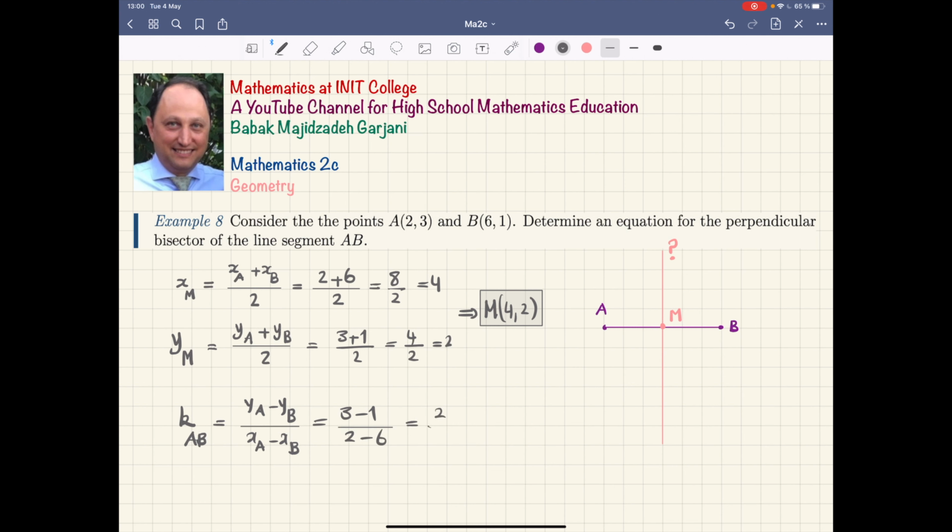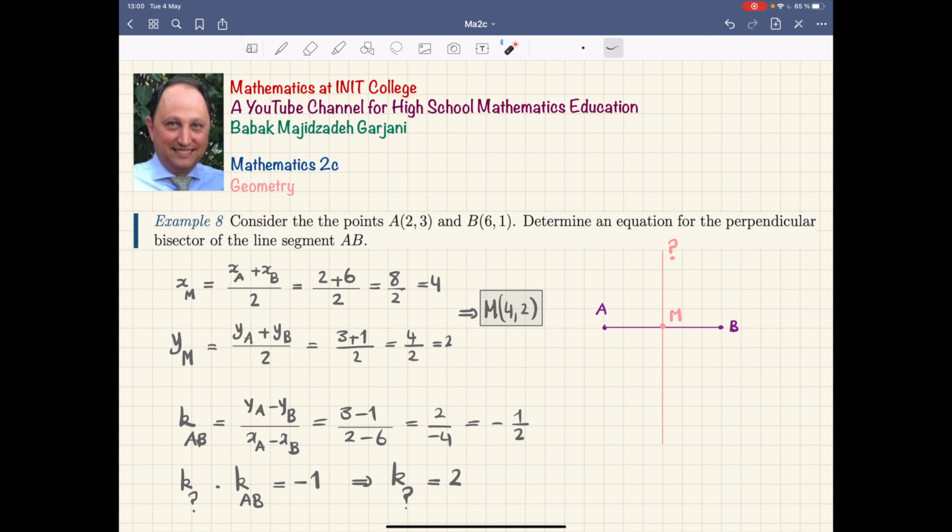So it is 2 divided by -4, which simplifies to -1/2. But the K value of the question mark multiplied by the K value of AB should be -1, because you are telling me this is a perpendicular bisector, since this angle is 90 degrees. Can you guess what is the K of the question mark? It's 2. Agree?